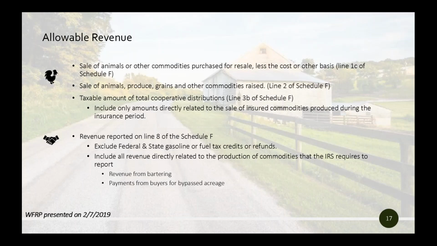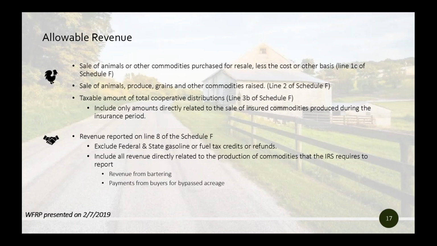And with CCC loans, if you have anything along those lines, any revenue from CCC loans, you want to sit down with your agent and be sure to explain which loans are for insured commodities, because we're only going to count revenue from insured commodities related to CCC loans.